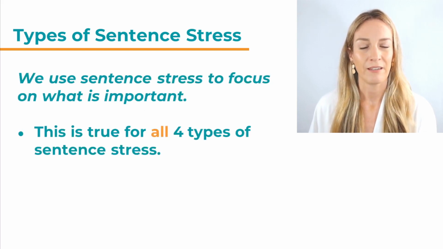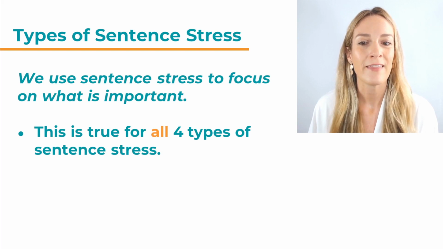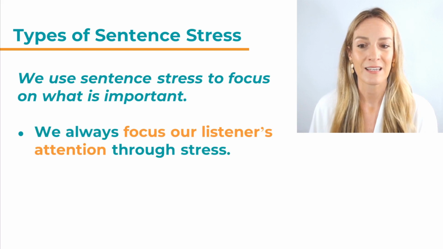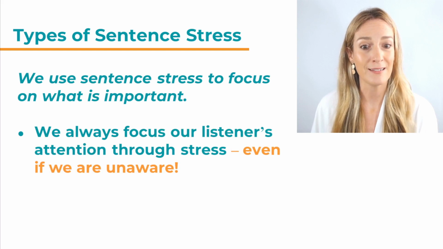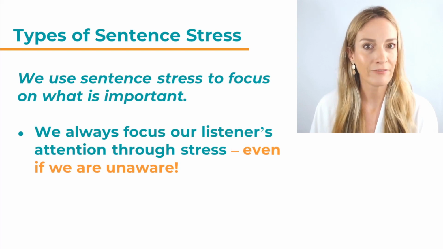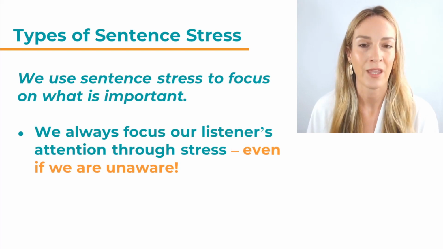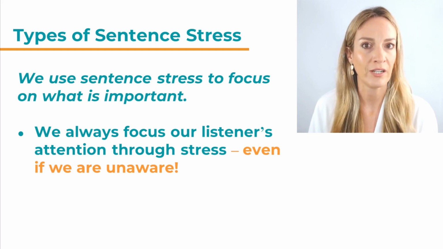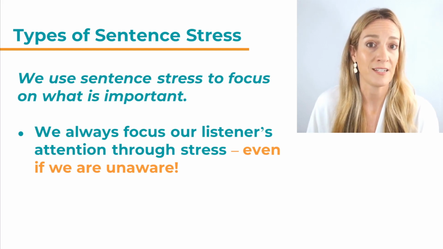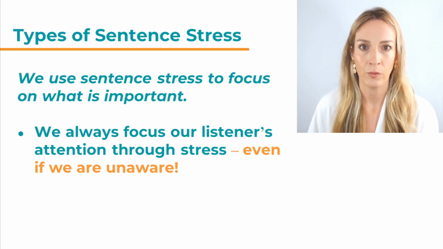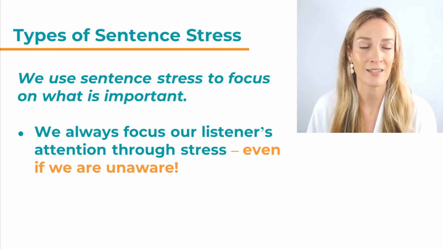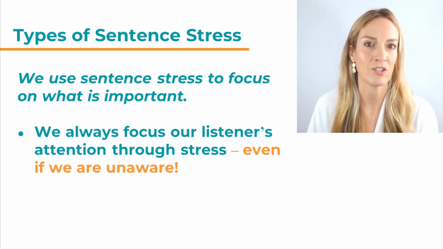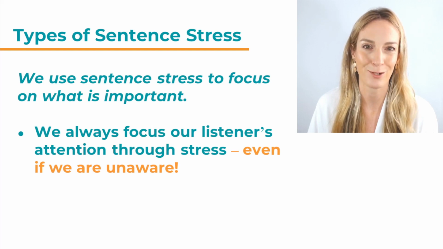So, if this sentence is true, then that also means it's true for all four types of sentence stress, and that we always focus our listener's attention through the stress, and that we do this even if we're unaware of it. Now, this is important for you who are learning English as a non-native. So even if you're not aware of it, you will probably stress some parts of your utterances more than others, and that will send a message to your listener, whether you want it or not.